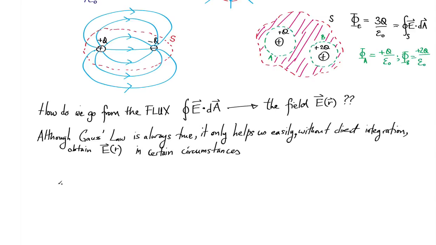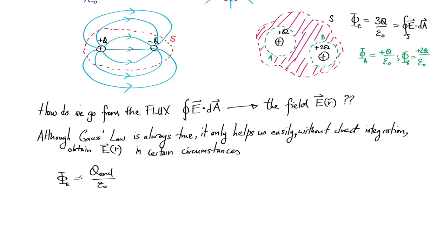So again, what it gives us is phi sub e, and by Gauss's law, that's Q enclosed over epsilon naught. In general, it's pretty easy to get the charge density, or the total charge inside, right? It might be integrating up some charge density.